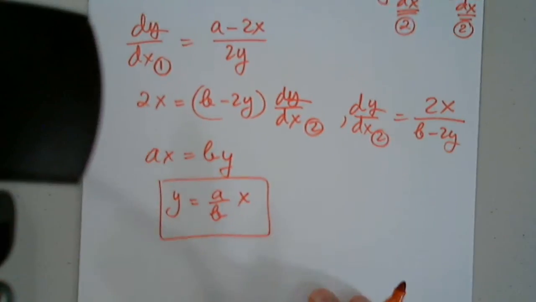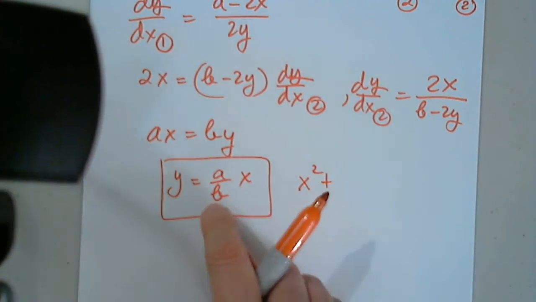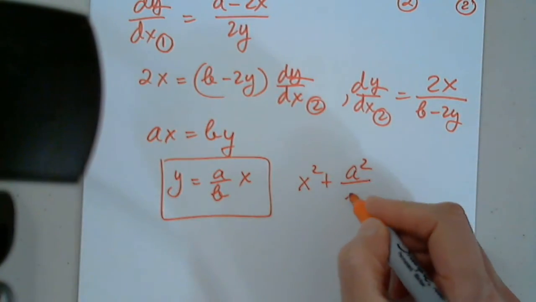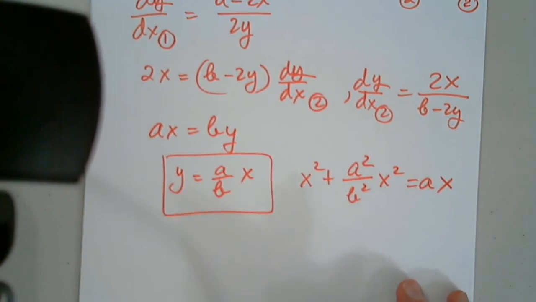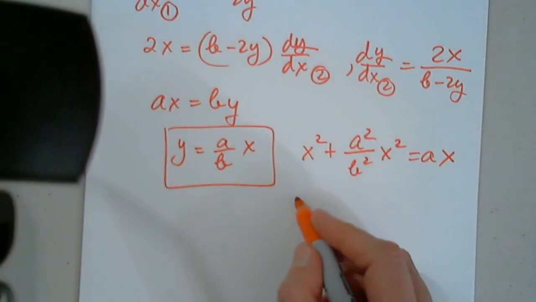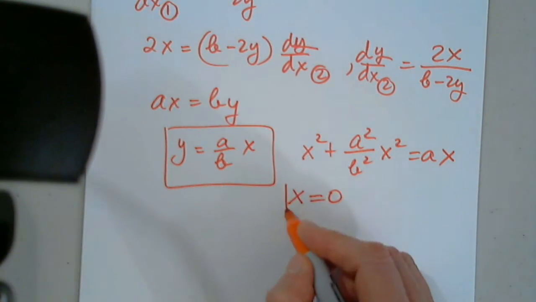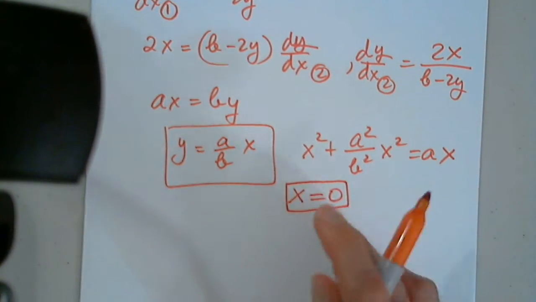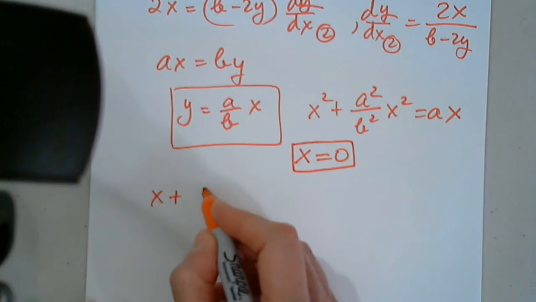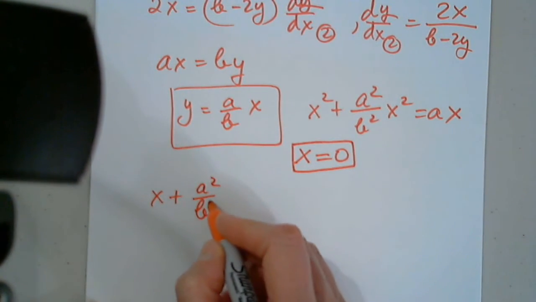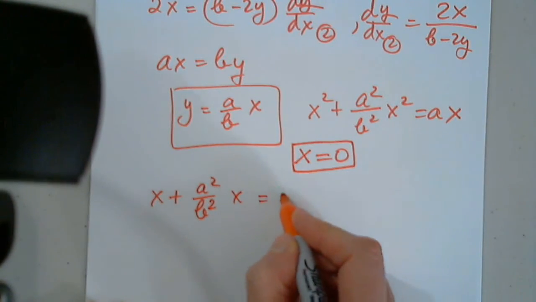So I have x squared plus this squared equals ax. I will divide by x, but not before I write that one solution is x equals 0. So then I have x plus a squared over b squared, x equals a.